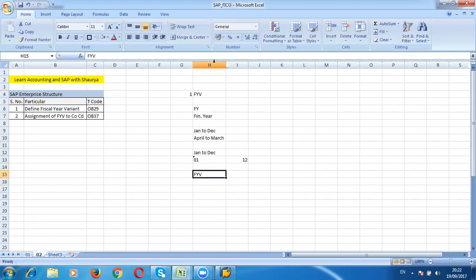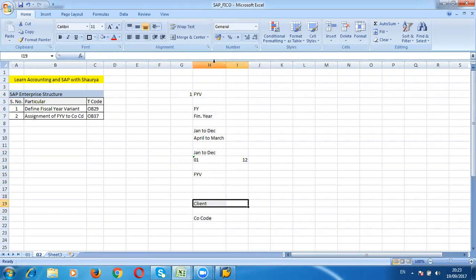A fiscal year variant is something like this: if you create something in configuration, you can create it at client level as well as at company code level. Suppose you did some configuration at company code level, then you can use that configuration only for that particular company code. But if you want to use that configuration for multiple company codes, you have to create it at client level.